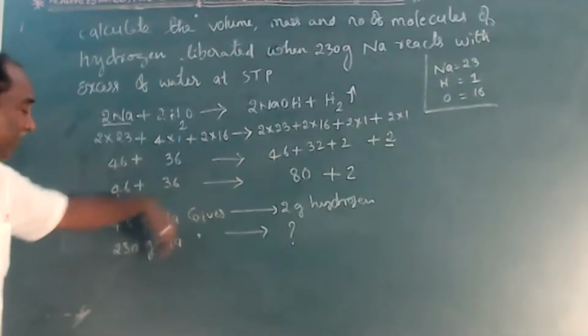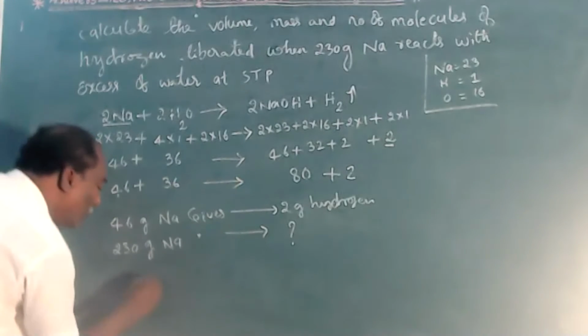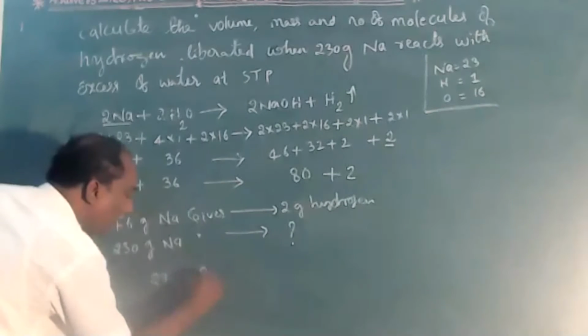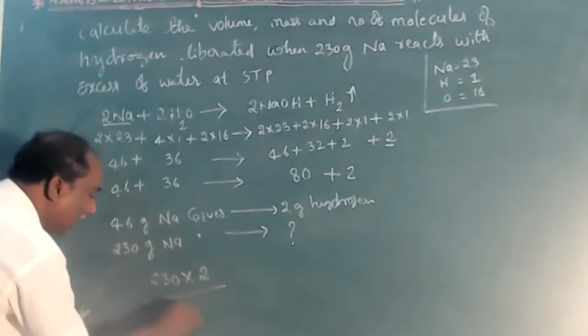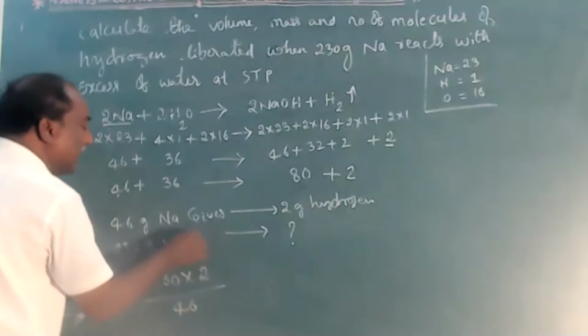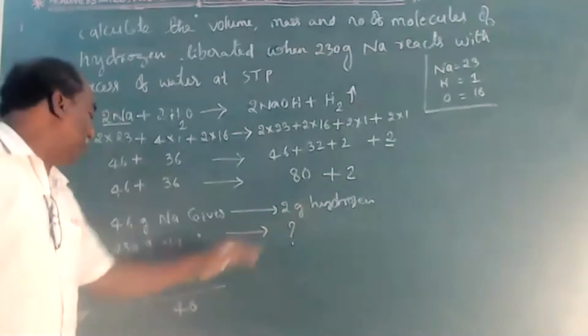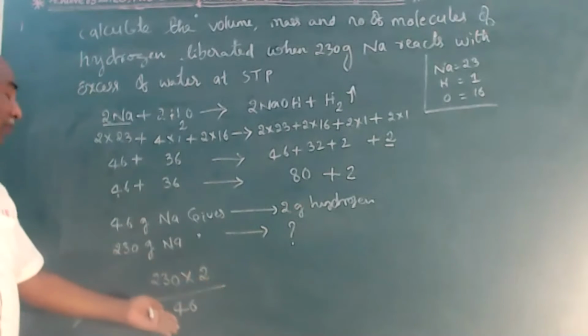46 gives 2 grams of hydrogen, then 230 grams of sodium, how much will be liberated? Do the cross multiplication here: 230 into 2 by 46, that is 230 grams of sodium into 2 grams of hydrogen by 46 grams.